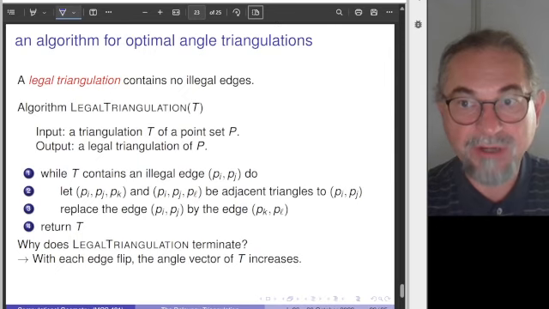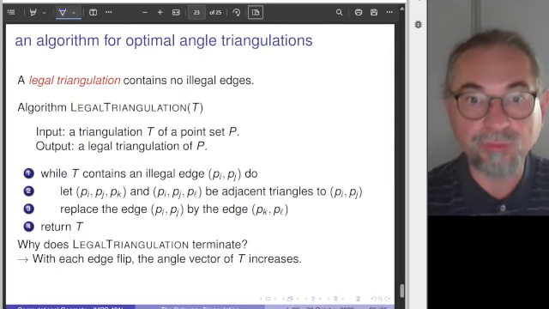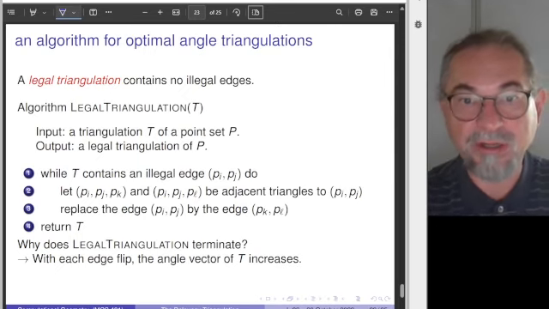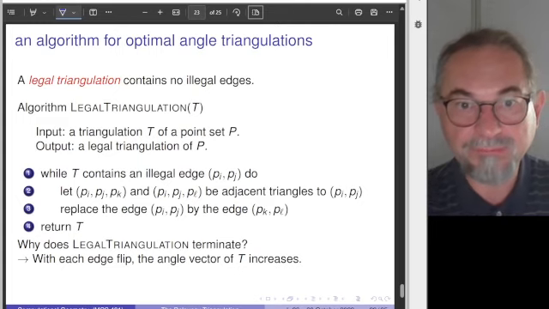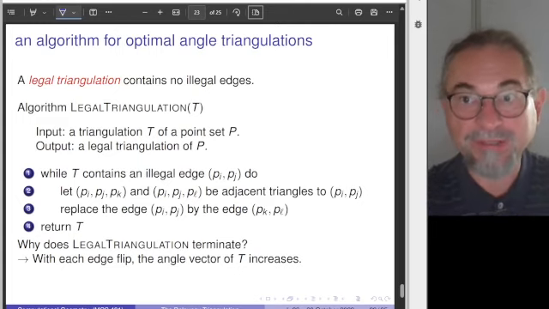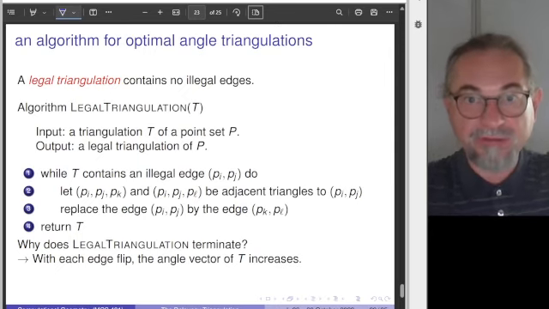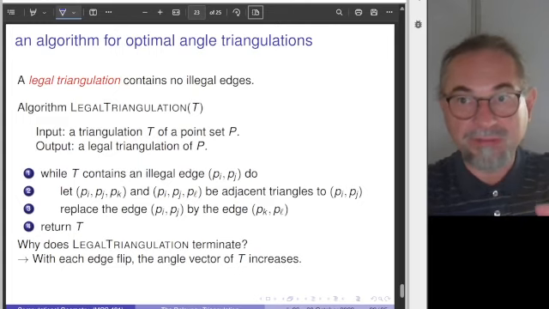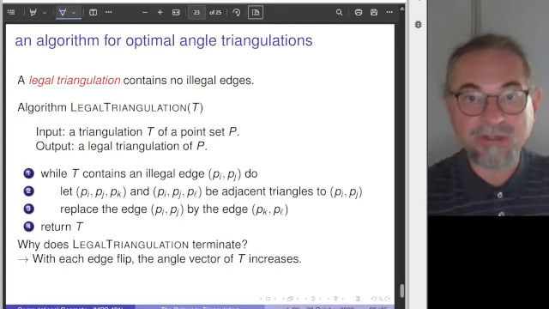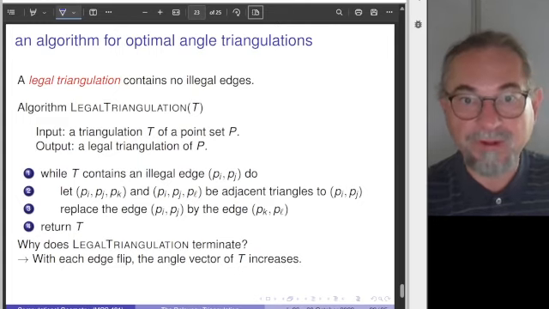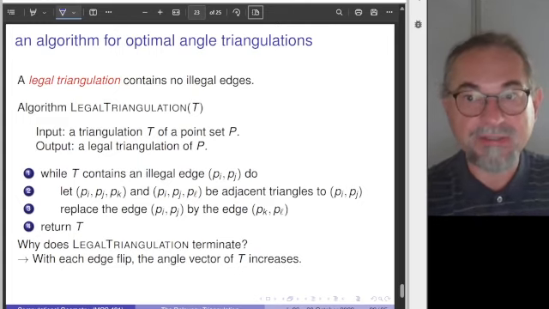So we have a criterion to do the test whether an edge is illegal. So for all the edges in our triangulation, we check the triangles they belong to. So think again about doubly connected edge lists. So when we find an illegal edge, we replace it.